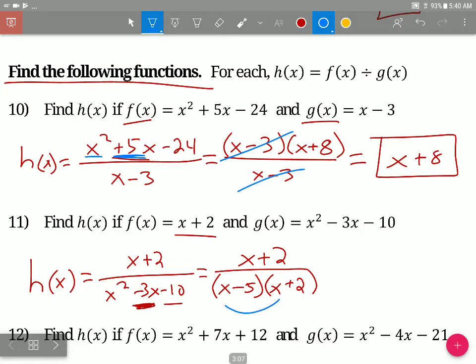So x times 2 is 2x. Negative 5 times x is negative 5x, and those add up to negative 3, which is what I want. Yay!